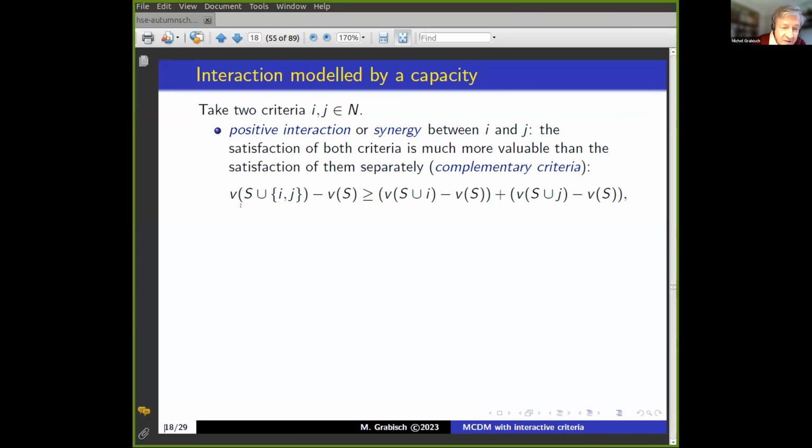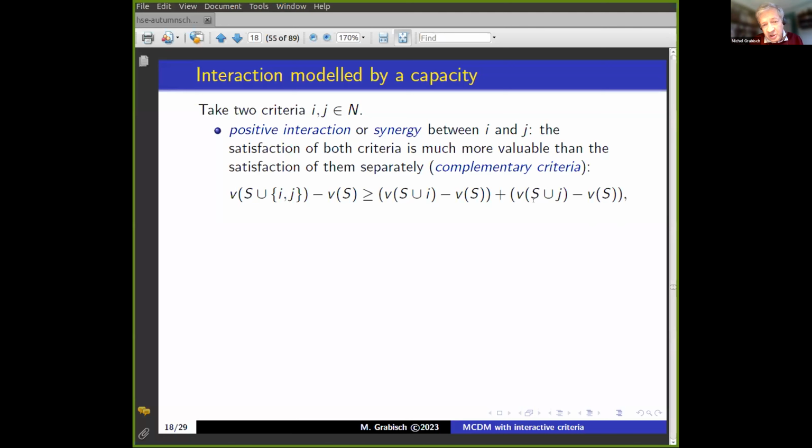It says that the difference of importance of the attributes S, and S plus i and j, so you add 2 new attributes i and j, this difference is greater than the sum of the individual differences. We could interpret the difference as a kind of marginal contribution of the attributes i and j. So this is the marginal contribution of i.